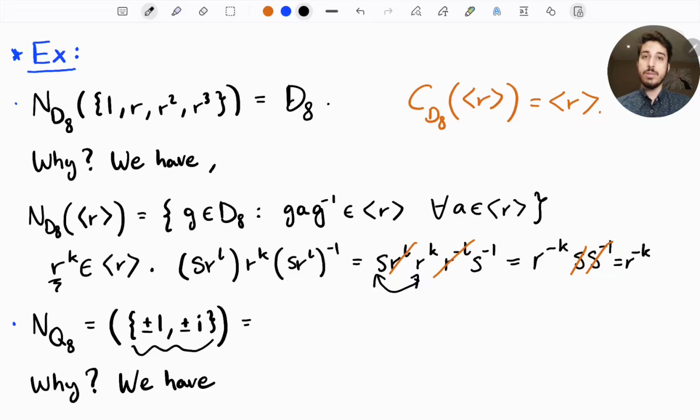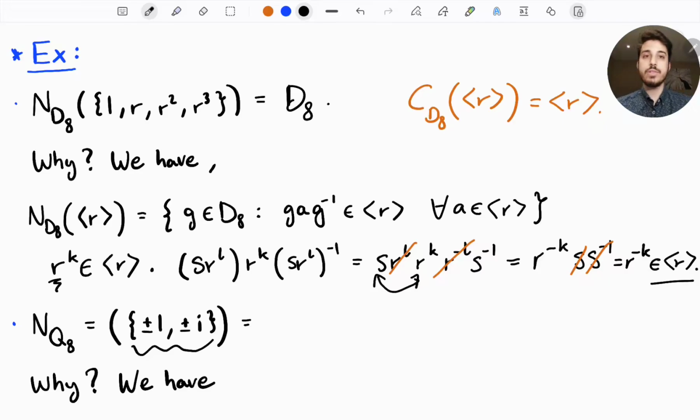But that is a multiple of R. It's a power of R. So it lies in the subgroup generated by R. So you can see that this conjugation of R to the k lands us also in some element that is inside the subgroup generated by R, even though it's not necessarily equal to R to the k, but it lands us in some element in the subgroup.